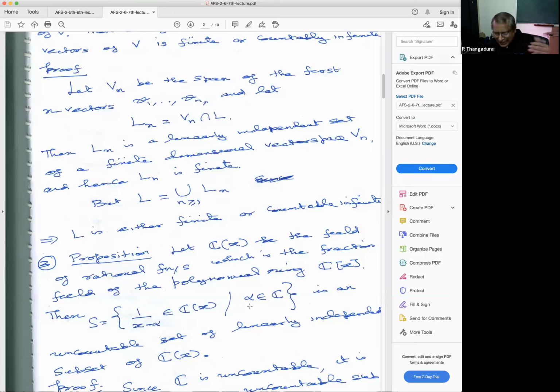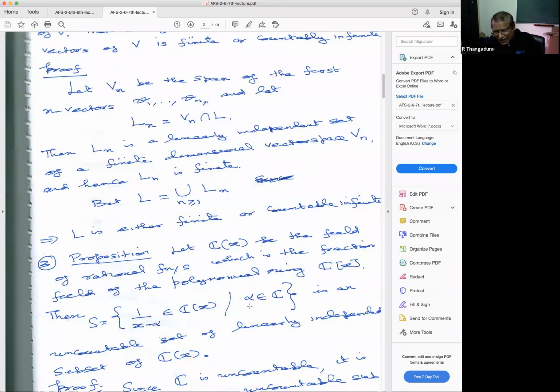Generally, when we take some elements linearly independent, we take arbitrary coefficients, and we prove the linear combination is always non-zero. Here everything is a rational function, as functions. Suppose I am taking alpha 1, alpha 2, ..., alpha n, n distinct complex numbers.